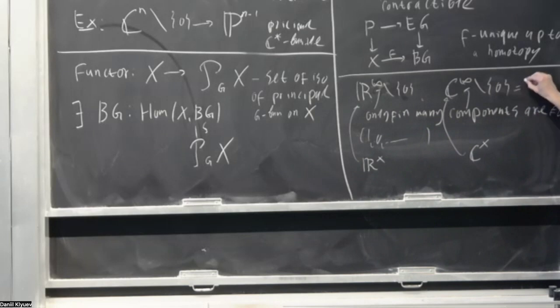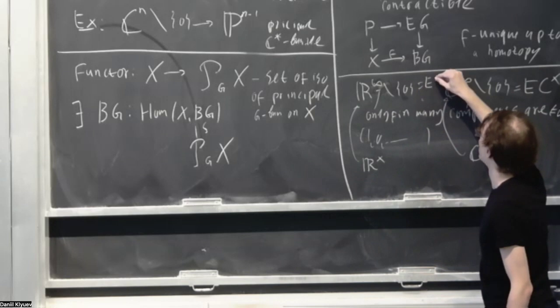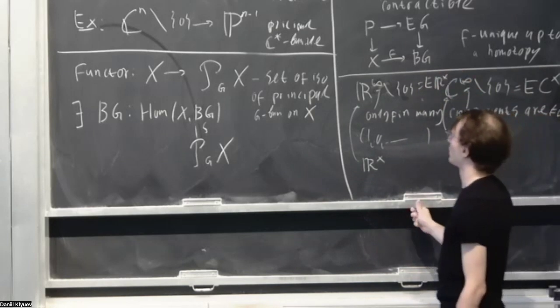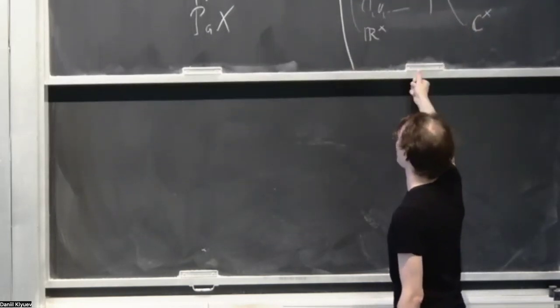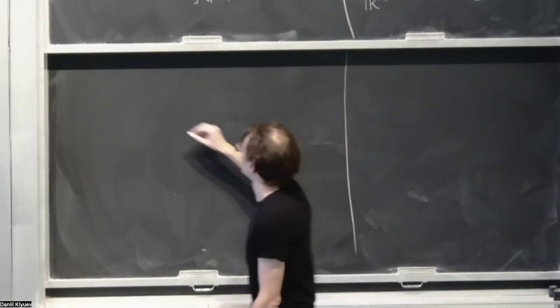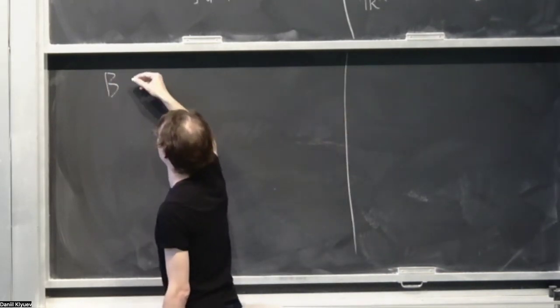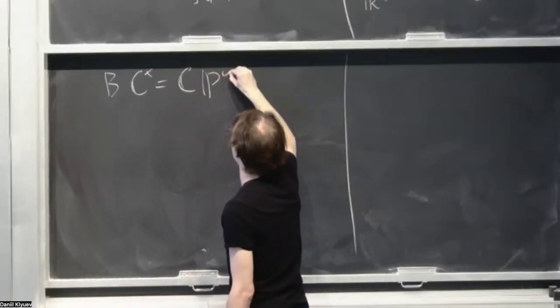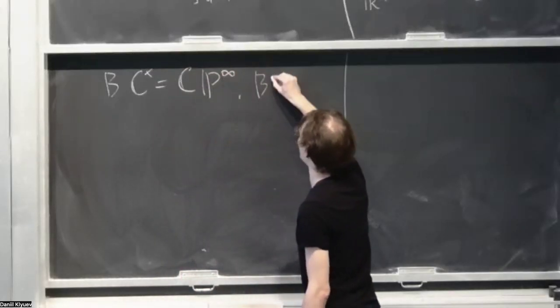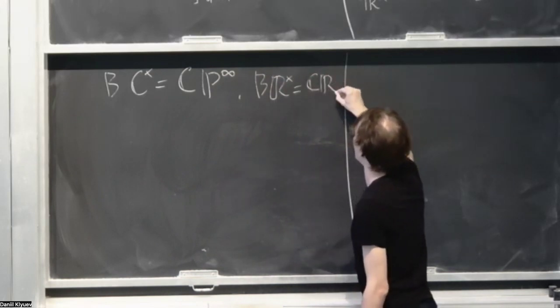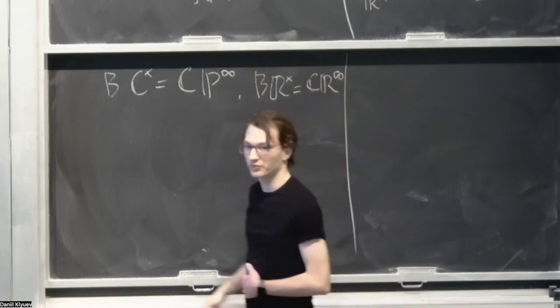So this is EC^×, and this is ER^×, and the corresponding spaces are B. This is CP^∞, and the BR^× is RP^∞.